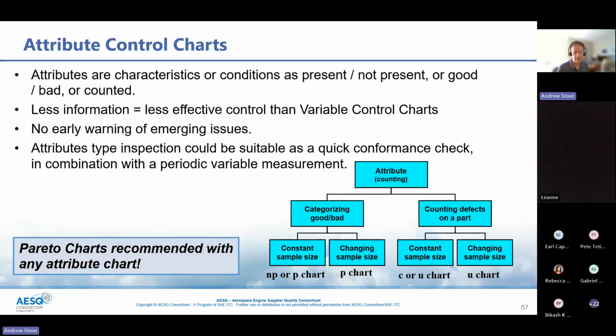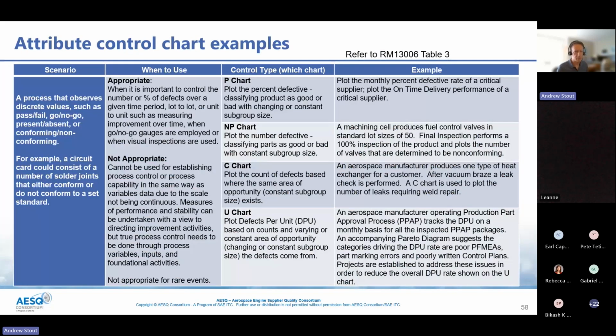If you're counting defects or counting defectives, and whether the sample size is constant or varies. There are 4 basic chart types shown at the bottom right. I won't go into details, but there is lots more information to help you select which charts make sense, in table 3 in the reference manual.